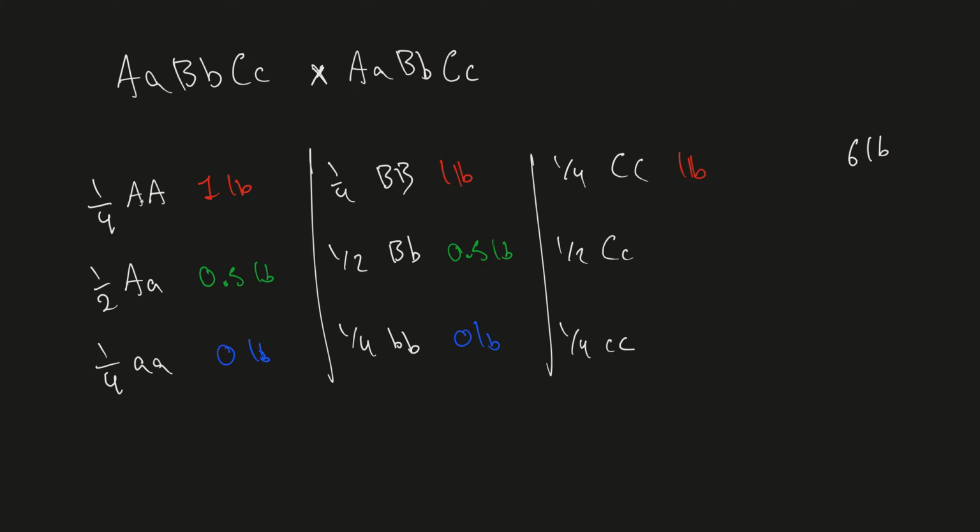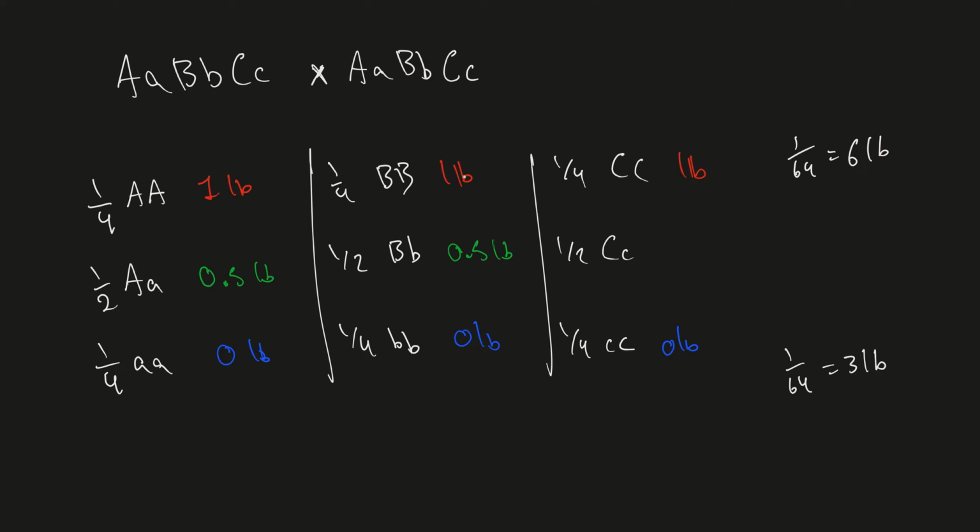But to do that, we have a 1/4 probability, 1/4, and times 1/4. So that's a 1/64 chance of getting 6 pounds. And the same thing goes for having our smallest weight, which would be 0 pounds contributed from the alleles, and we get just 3 pounds.